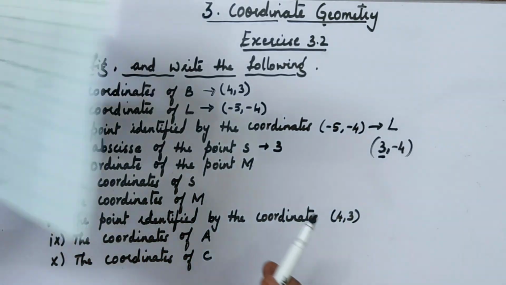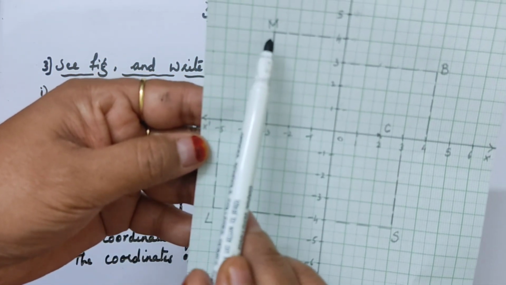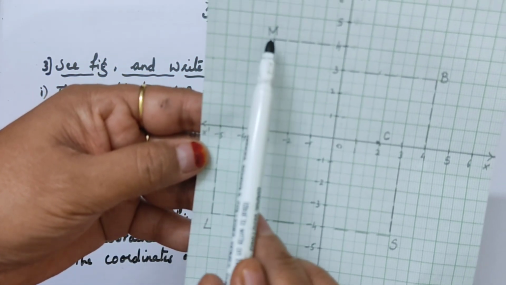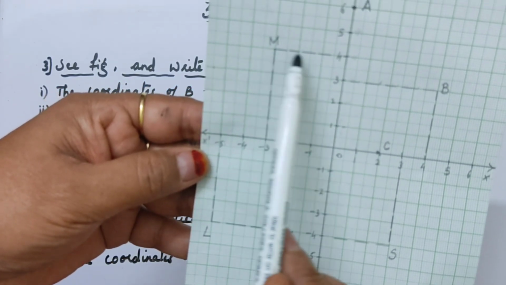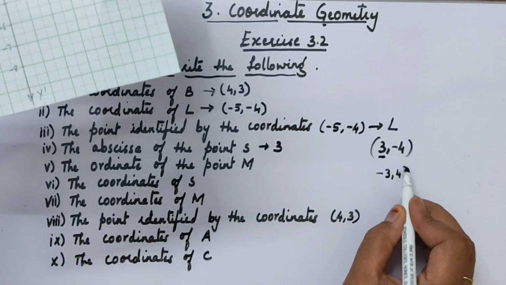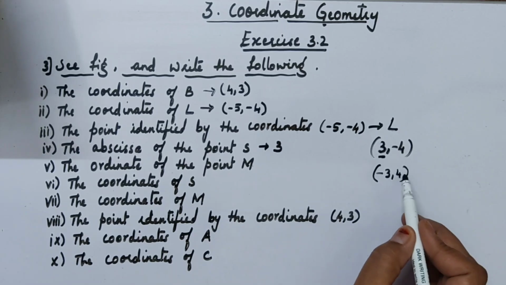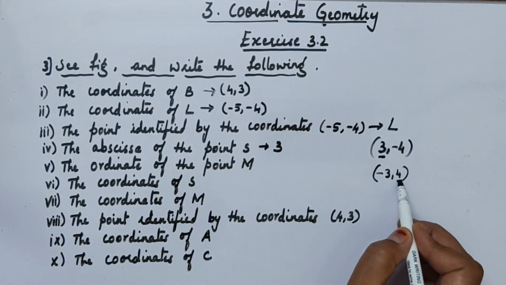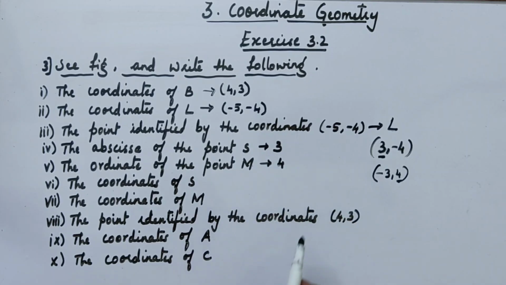Now the ordinate of the point M. M is here. Let's find the coordinates first, x-axis then y-axis: minus 3, 4. Ordinate is the y-axis, students. The answer is 4.